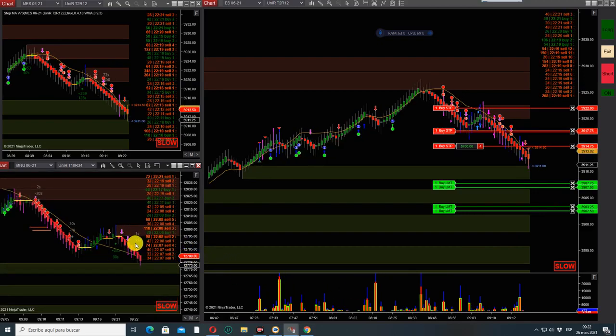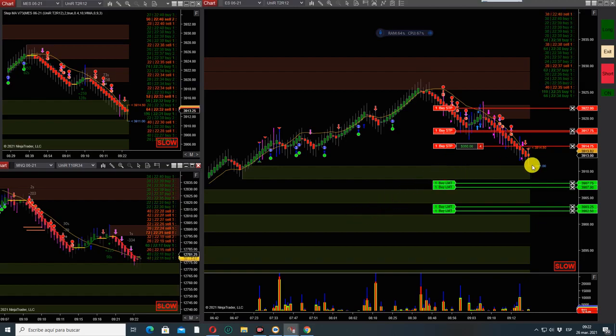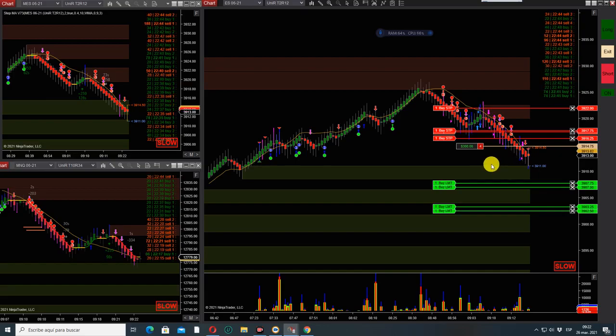You see, 1 second imbalance minus 334 contracts. So they are hammering the sell side. We see high frequency trading here. You see the triangle here.